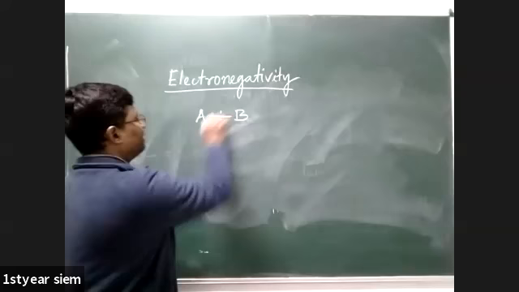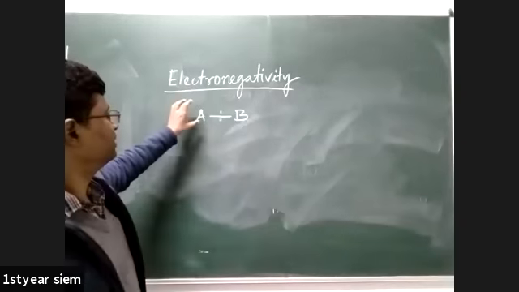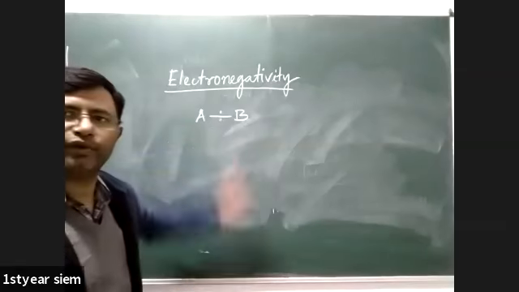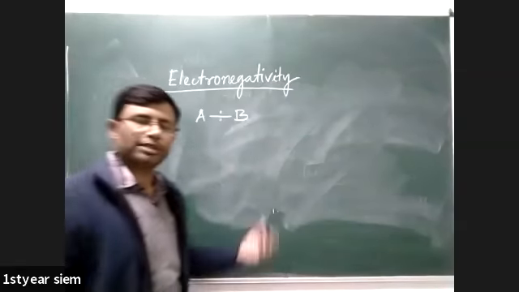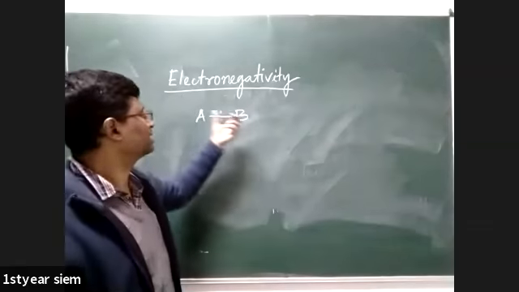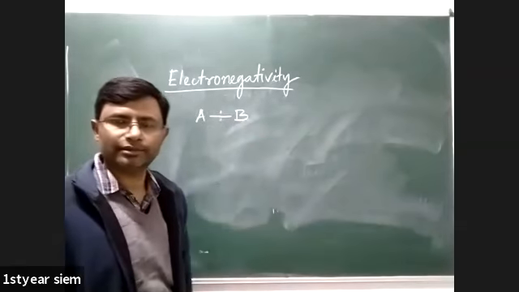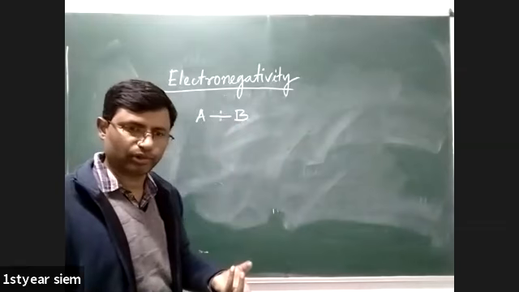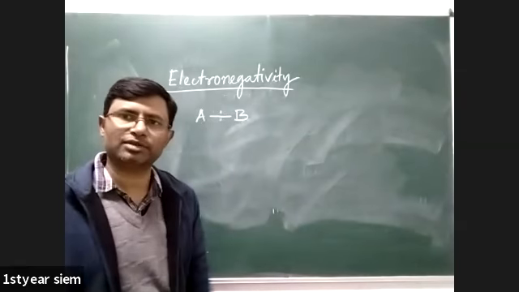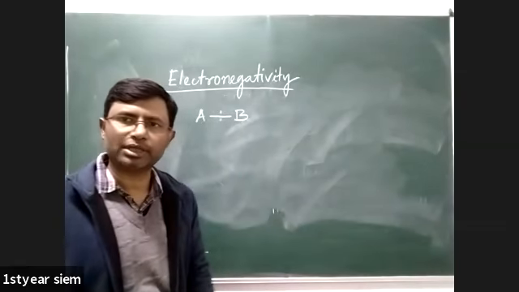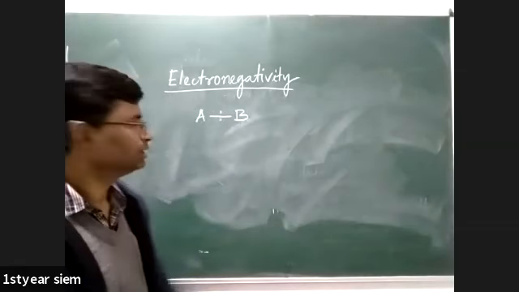The more powerful atom will attract the electron toward itself. That power is called electronegativity.